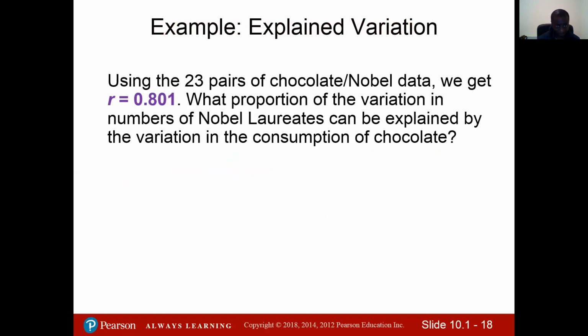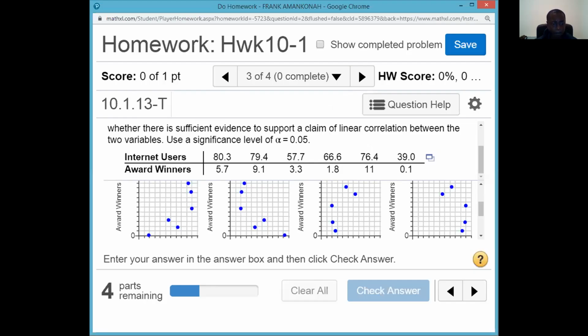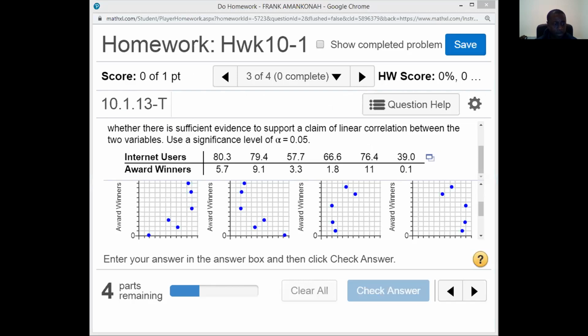23. Okay, so we're going to calculate the R, which we got 0.801. So let me go back and share my screen. Okay, so I'm going to open that. So here's the data set.